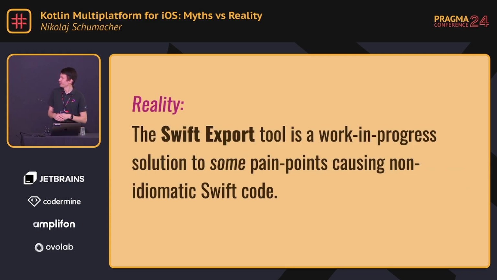There's also a positive note: Swift export is in progress, so some of the pain points of going through Objective-C will disappear. But of course, there will never be perfection. You can never completely losslessly bridge two languages. For example, Kotlin, like most languages, has a much simpler generic type system than Swift. So you always need to be careful about how you design your APIs.